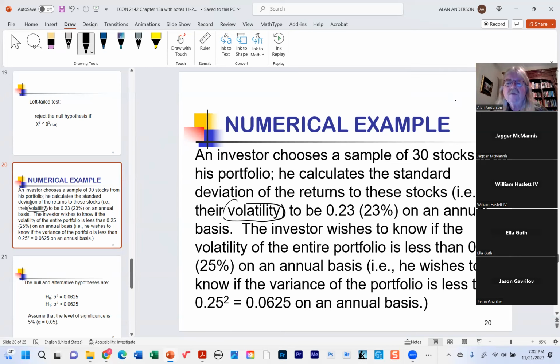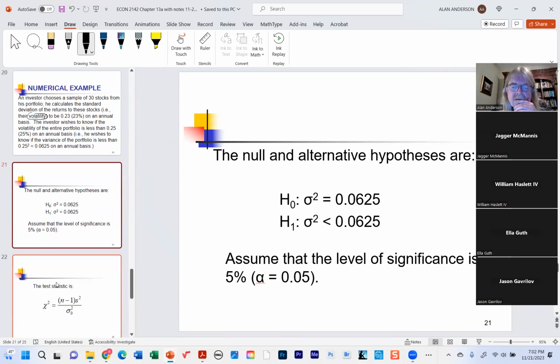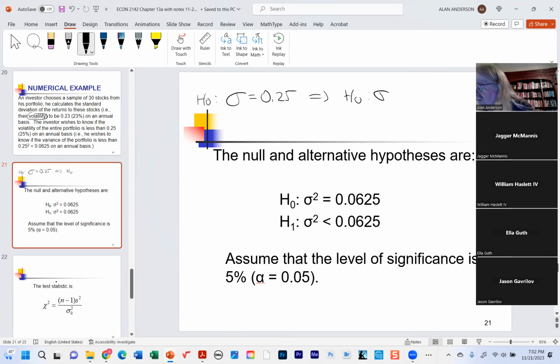Okay, so here's what we're going to do. First of all, the null, which could be written as the standard deviation is 0.25, is equivalent to saying the variance is 0.0625, because 0.25 squared is 0.0625.